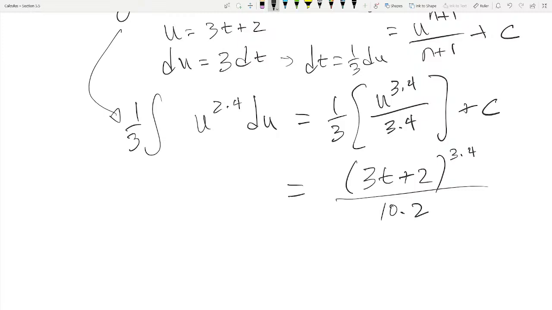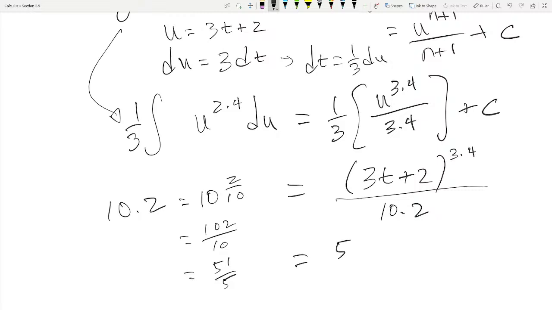Let's do a little baby math here. 10.2, that's 10 and 2/10, which as one fraction is 10 times 10 is 100, plus 2 is 102 over 10, and then we can reduce that. That's 51 over 5. Okay, but that's all in the denominator, so we could flip it around, and then that would be 5/51 (3t + 2)^3.4 plus C.